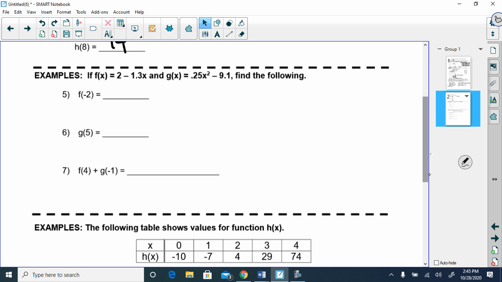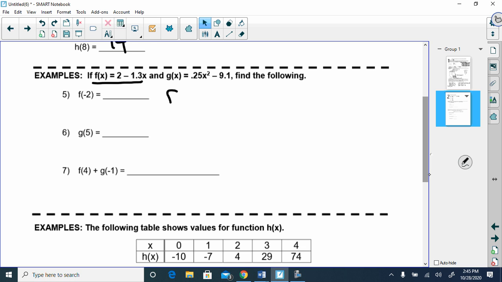It says if f of x is equal to 2 minus 1.3x and g of x is equal to 2.5x squared minus 9.1, find the following. So the first thing that they give us is f of negative 2. That means I'm looking at this one, right? I don't care about g for this one. And that means anywhere there's an x, I'm supposed to replace it with negative 2.